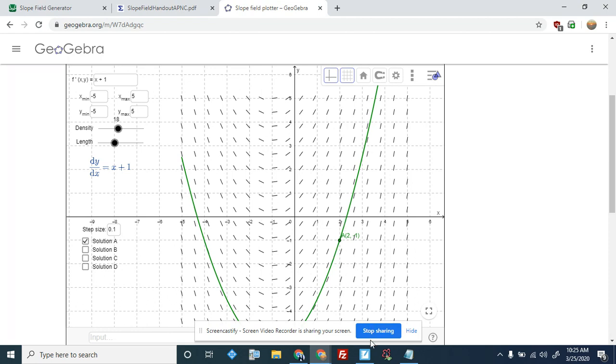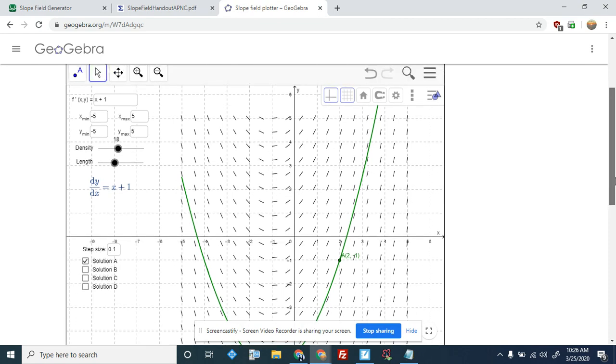Because if you remember me saying, differential equations are not always easy to solve. In fact, a lot of times they're very difficult to solve. Separation of variables is a technique that's very limited. So they can be difficult, but making a slope field is not difficult, right? If you know how to plot points, you can make a slope field.